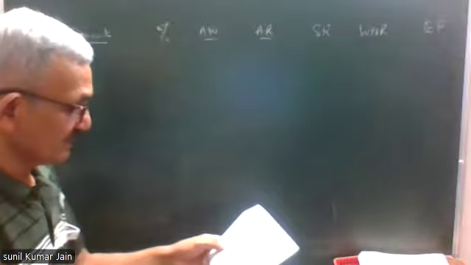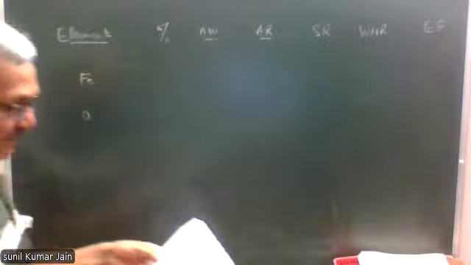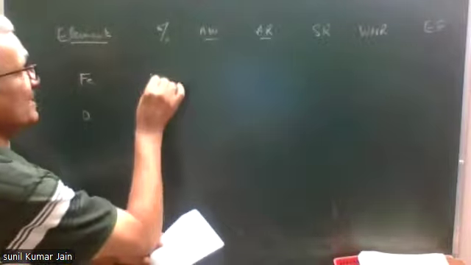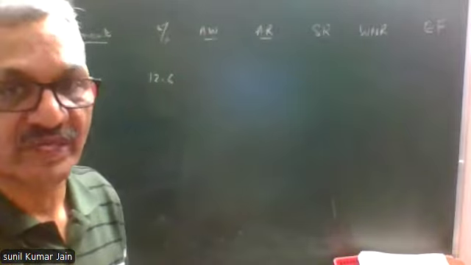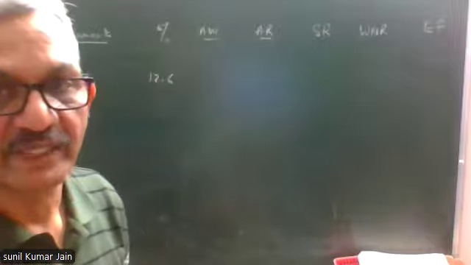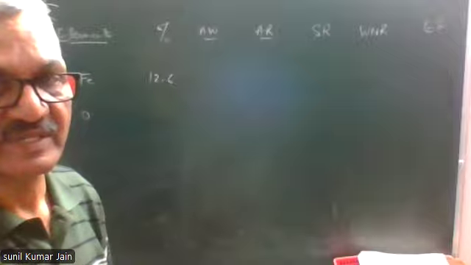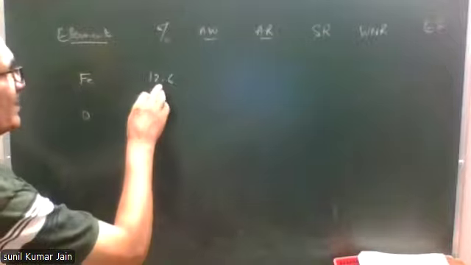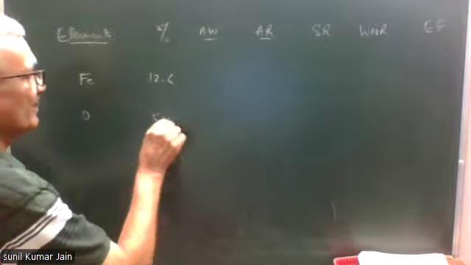So it contains iron and oxygen. Iron is 12.6. In place of percentage, I'm writing the mass of iron, 12.6 grams, and it gave 18 grams of oxide. It means 18 minus 12.6, that difference is oxygen. So 18 minus this, 5.4 grams.